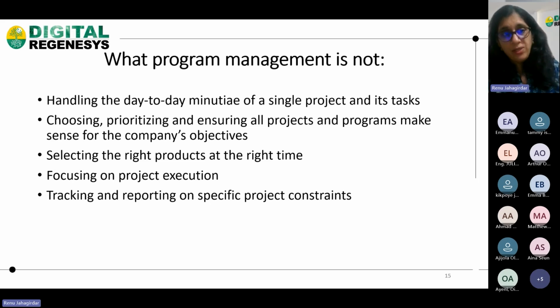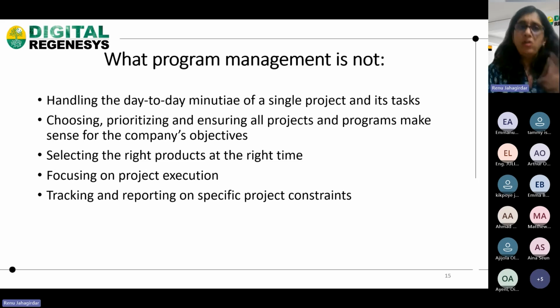As a part of program management, yes, you can focus on execution of the projects with the help of the project manager. You are a program manager and you have 5 projects going on inside that program. Because you already have project managers for all these 5 projects, you can focus on execution.